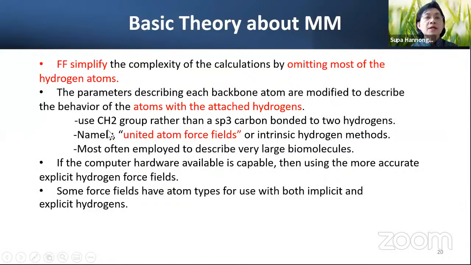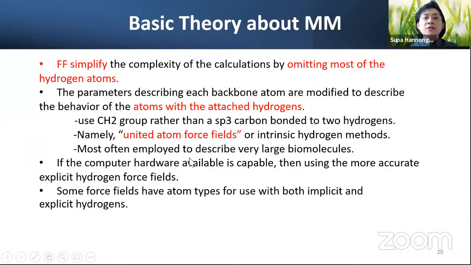For example, if we use a CH2 group, right? We use the CH2 group rather than specifying an sp3 carbon bonded to hydrogen atoms. This is transferability. That means it's not much different.